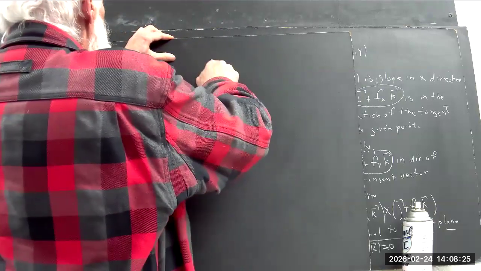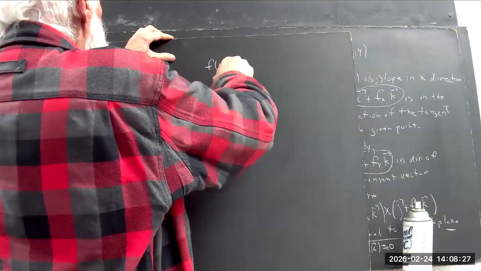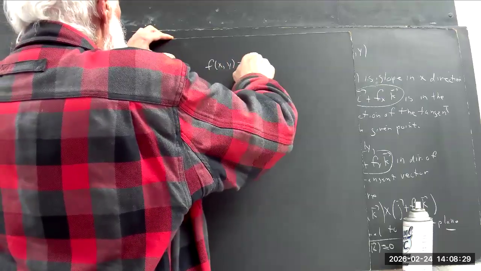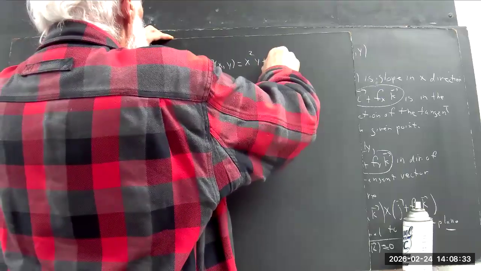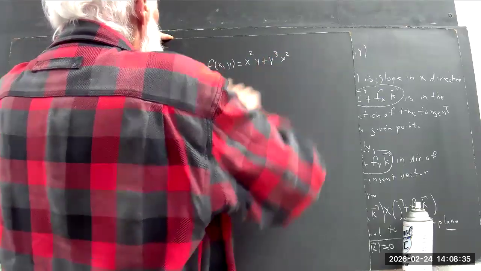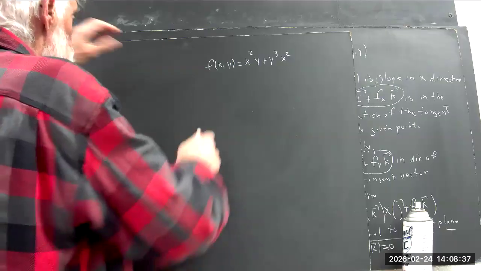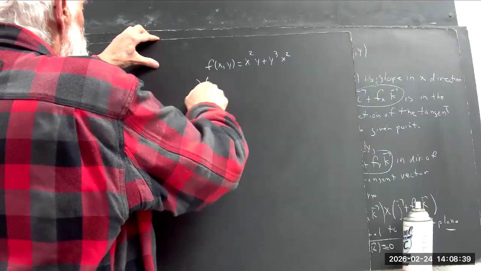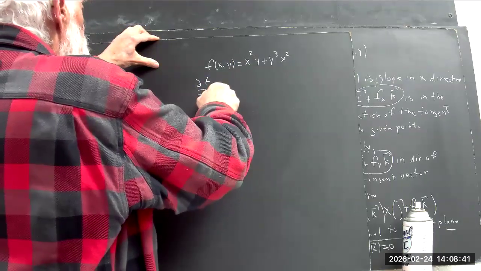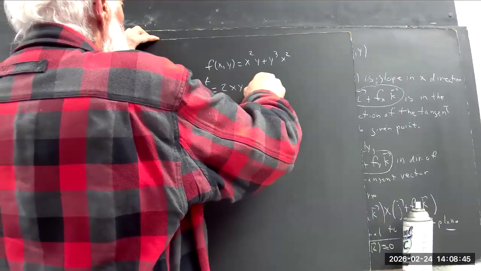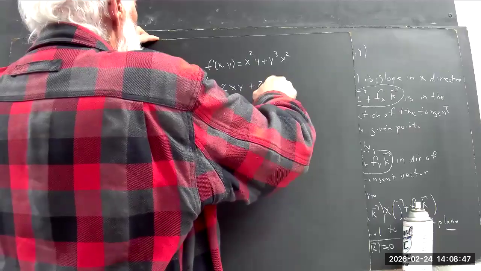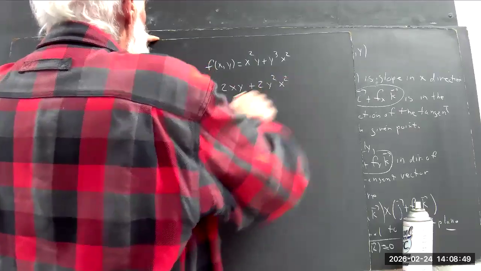So we have f of x, y equal x squared y plus y cubed x squared. Partial f with respect to x is 2xy plus 2y squared x squared.